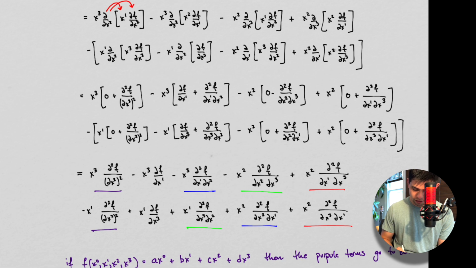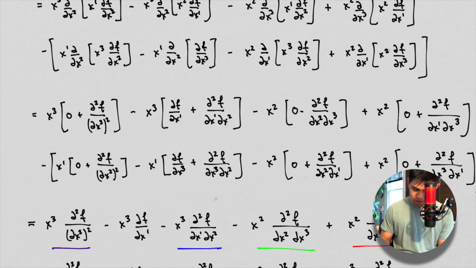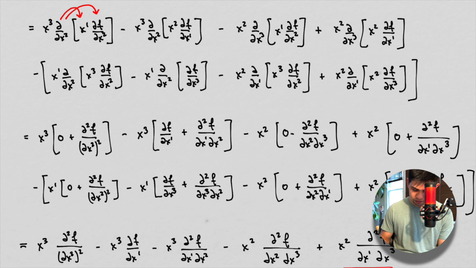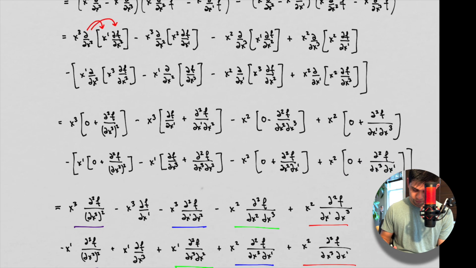And what you'll see is that the only thing here, with x3, we're going to have these two guys right here. So here's this guy, dx2 with respect to x2, right?